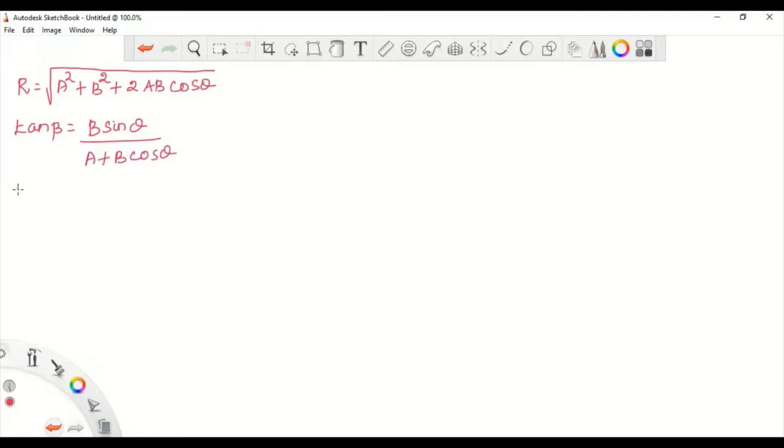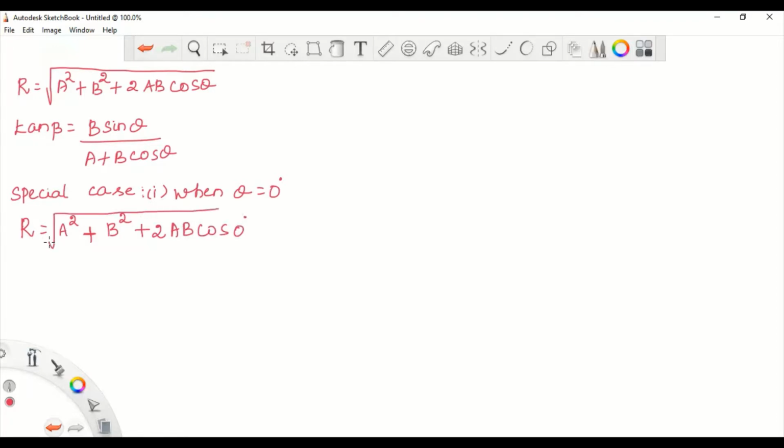So our first special case is when theta is equal to 0 degree. So substitute the values here, children: R is equal to root of A square plus B square plus 2AB cos 0. What is cos 0? Cos 0 is 1.